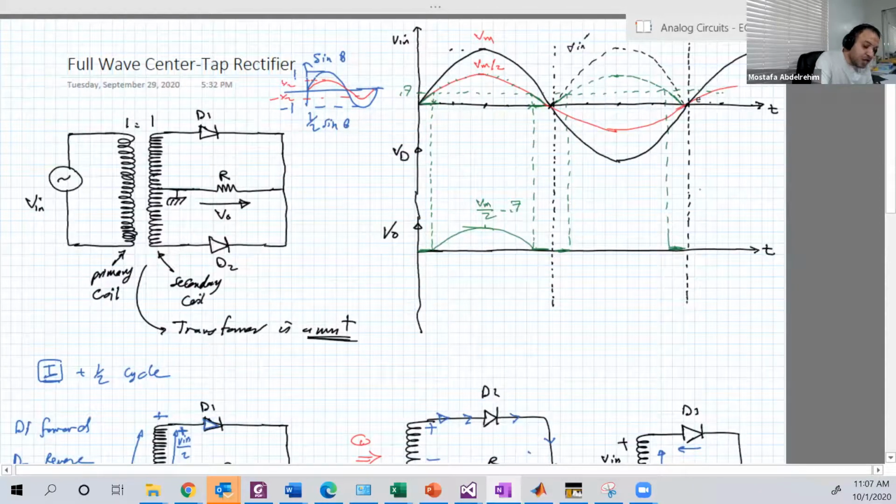And when V input dash over 2 is larger than 0.7, from here to here, the output is V input dash over 2 minus 0.7. So take any value from these values and subtract 0.7.